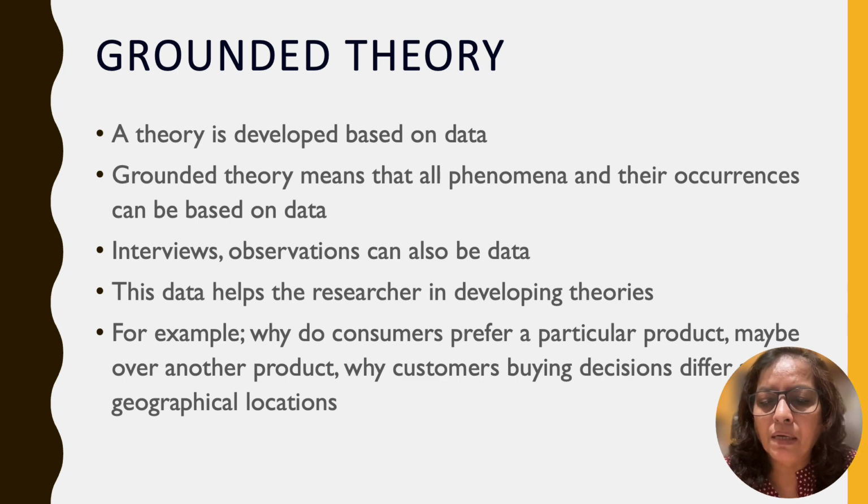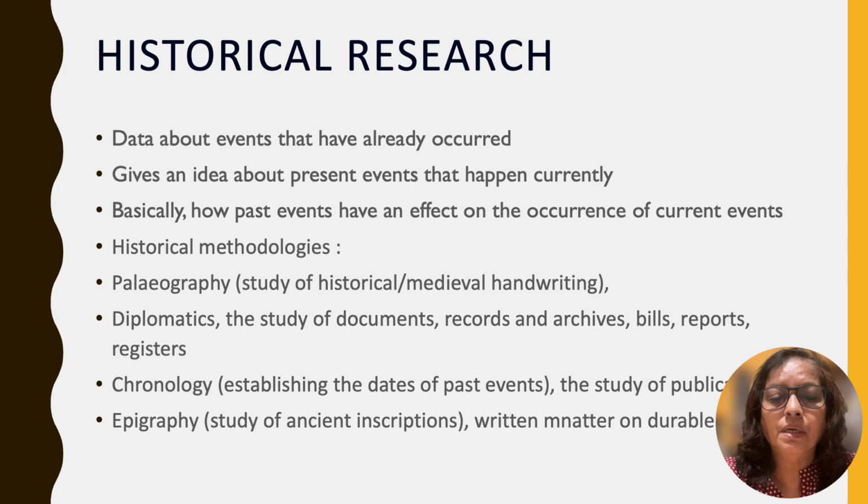And here in Bangalore, because we are on a plateau, we have people buying different products. Maybe sweaters are not so popular in Mumbai or Chennai as they are popular in Bangalore, for example. So why do they buy? You look at the data and then you form a theory. This is called the grounded theory approach.